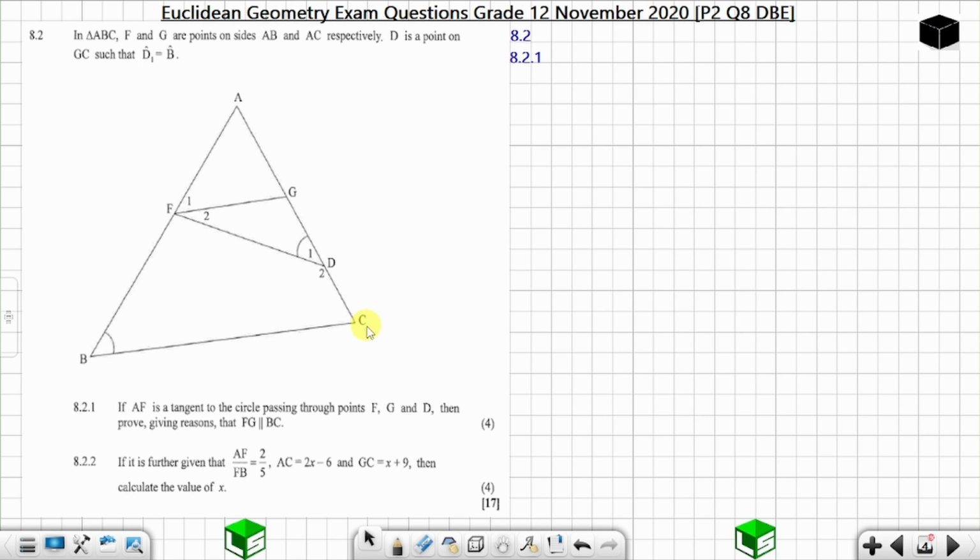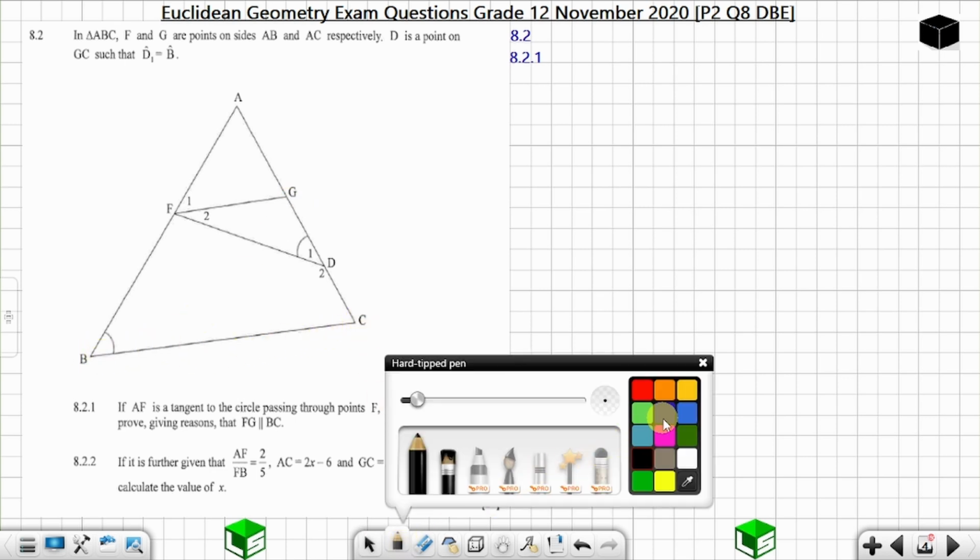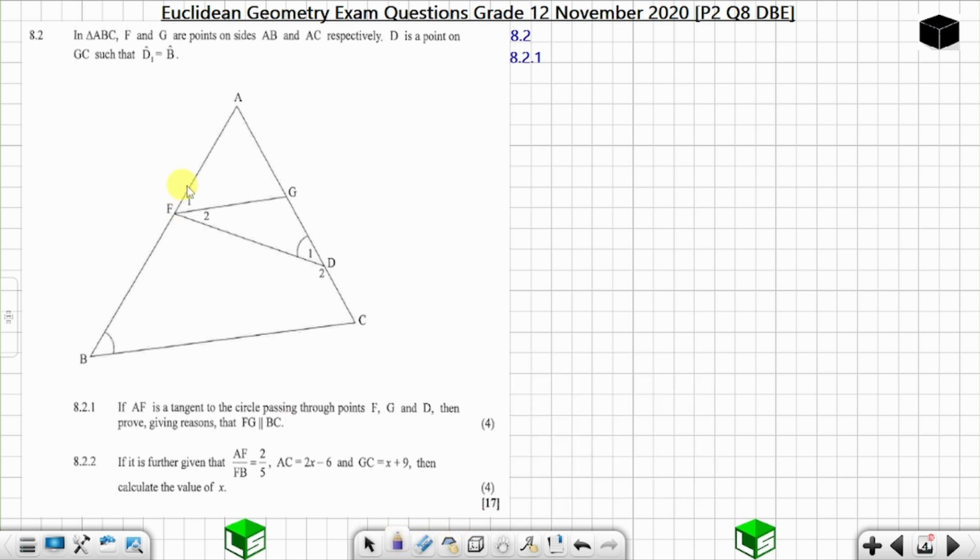So remember lesson 4 of 25 on parallel lines. For this line FG to be parallel to the line BC, this angle must be equal to this angle.